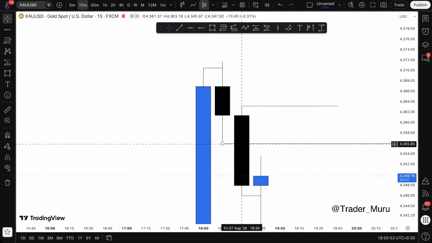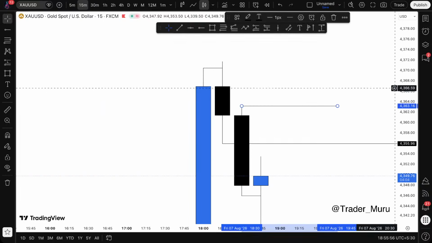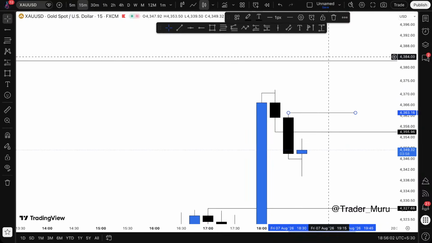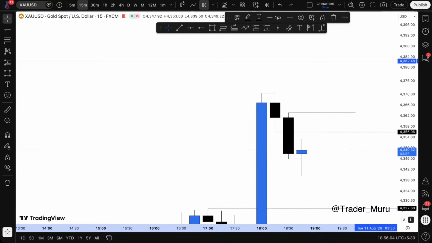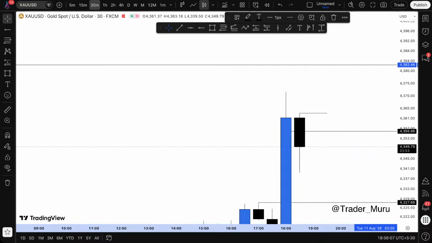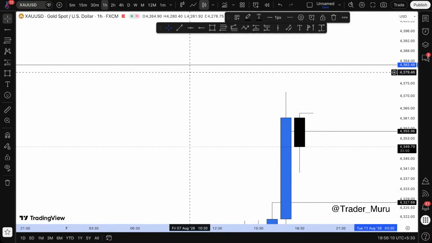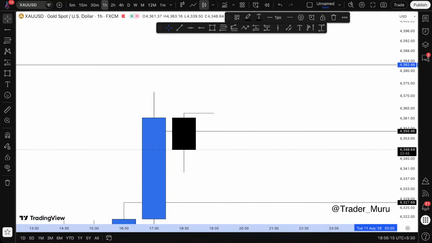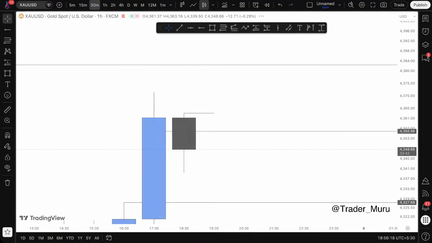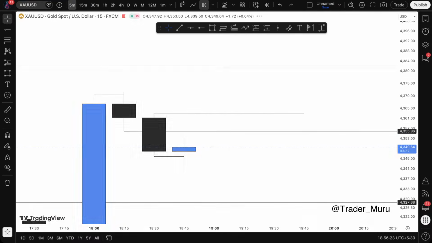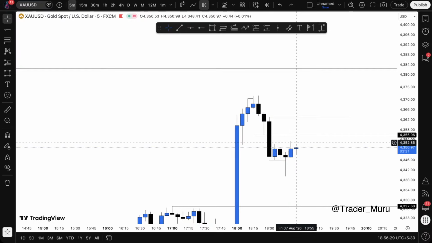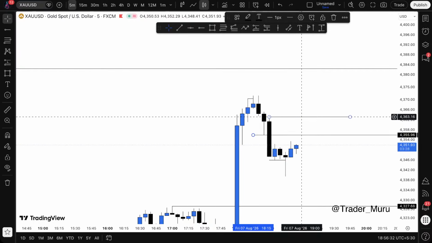Price should not close above this 15-minute, otherwise it will be back bullish and create a test of 4382. Sweep, no. 1 hour sweep is pending, 30-minute pending. 15-minute is bullish from here till 56 first and then 63.